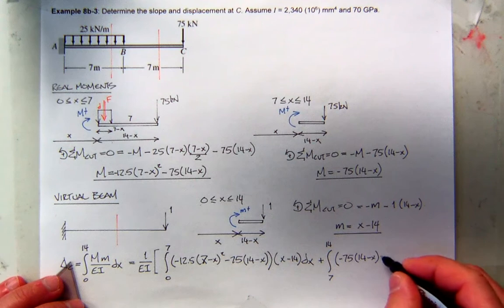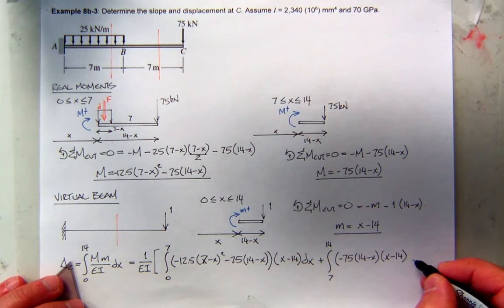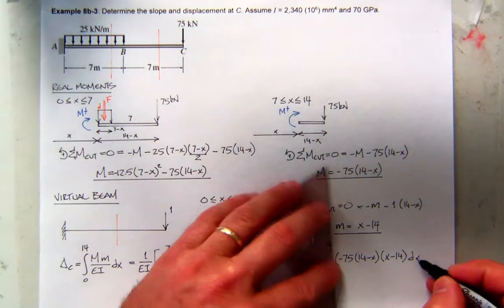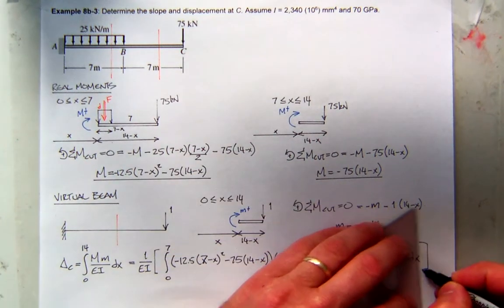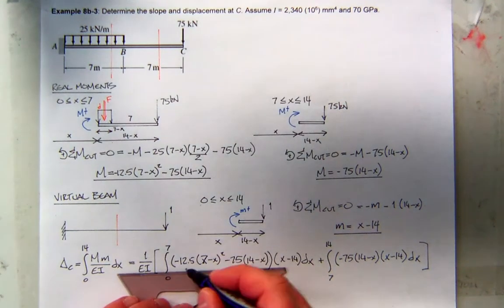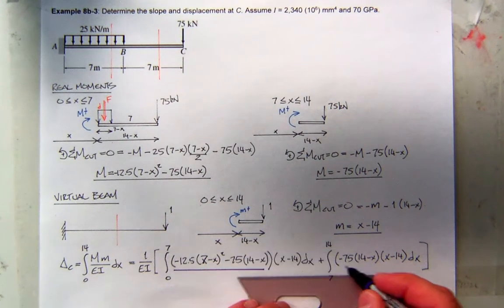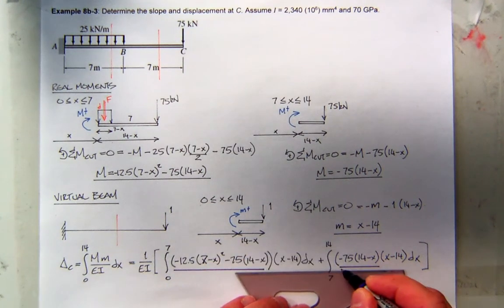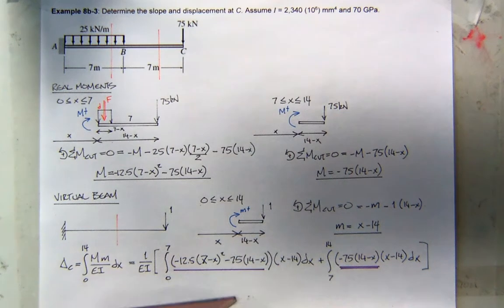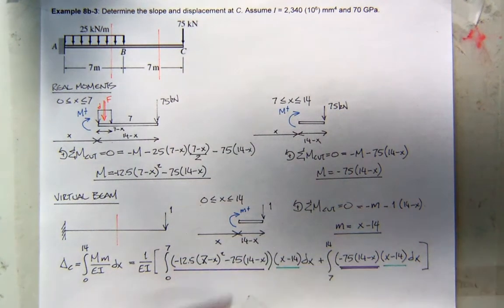And then again the virtual moment, x minus 14. So again, for my money, you're done. I'll consider this to be the virtual work expression. And again, you can see there's the real moment from 0 to 7. There's the real moment from 7 to 14. And then there's my virtual moment, which is the same throughout the whole structure.